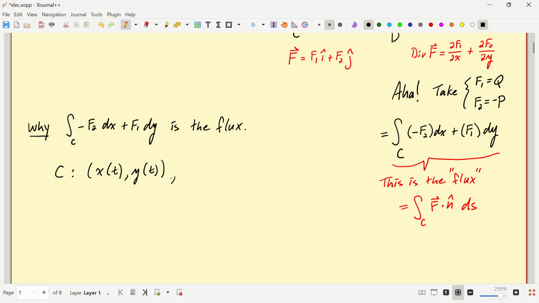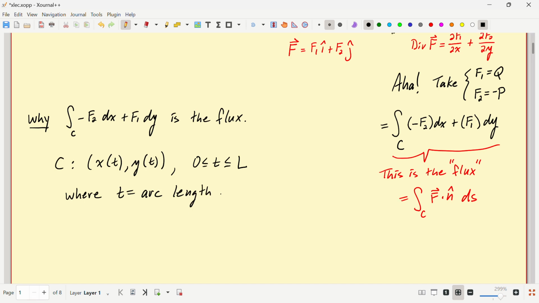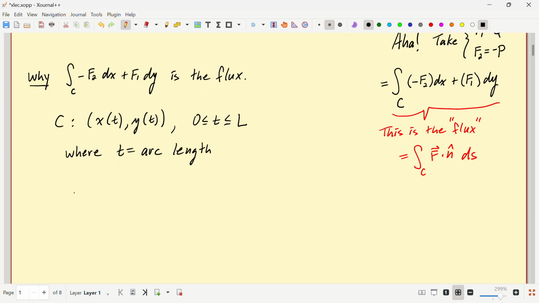So t is going to go from 0 to the length of that curve. Then the tangent vector is a unit vector, since t is arc length, and it is equal to x prime of t times i plus y prime of t times j.